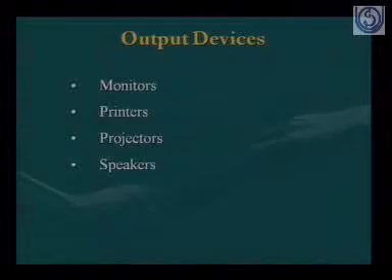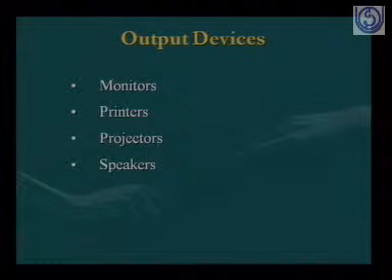Then we have to talk about output devices also. The information, as I told you, which are taken from the input devices are processed, then it is produced as results through output devices.